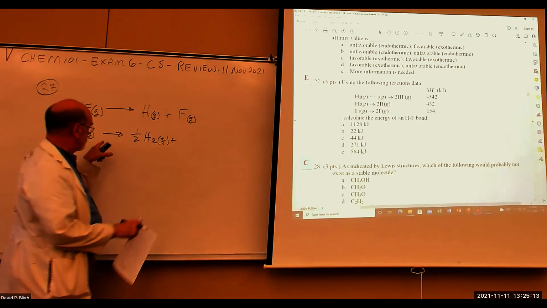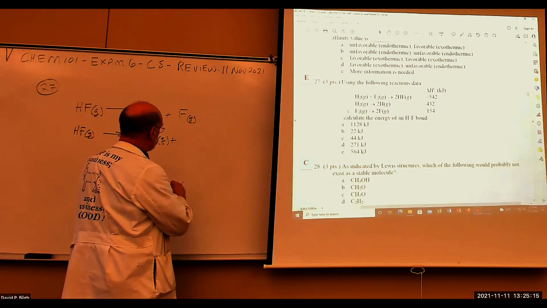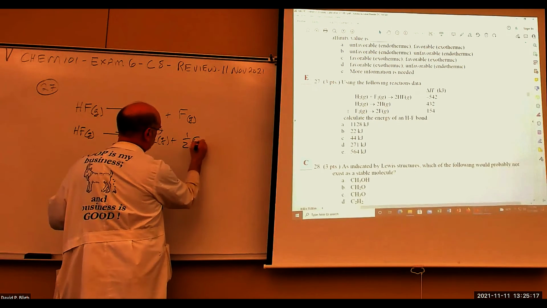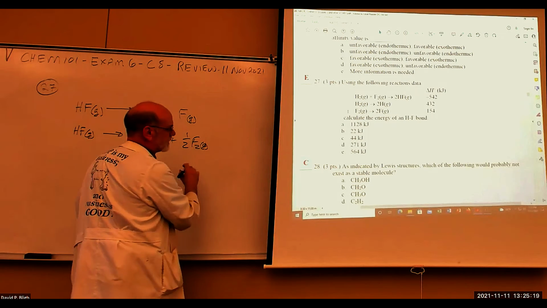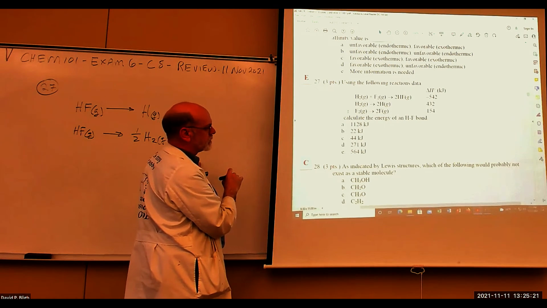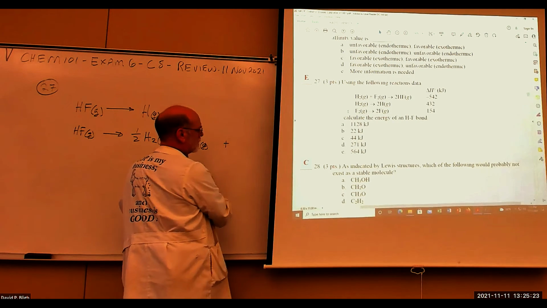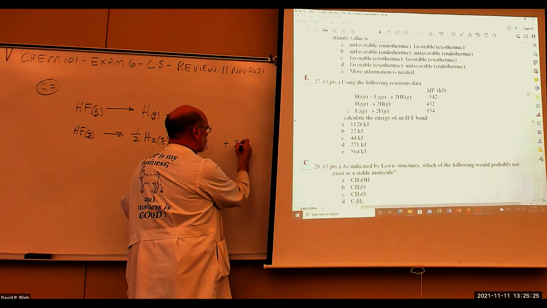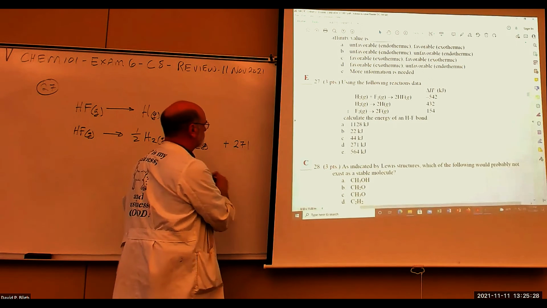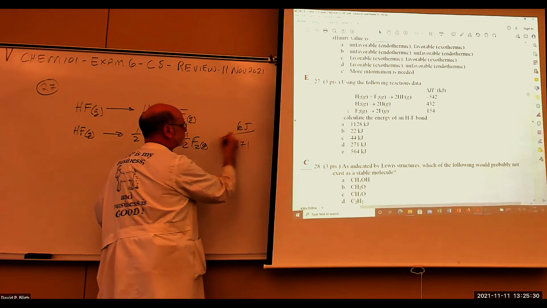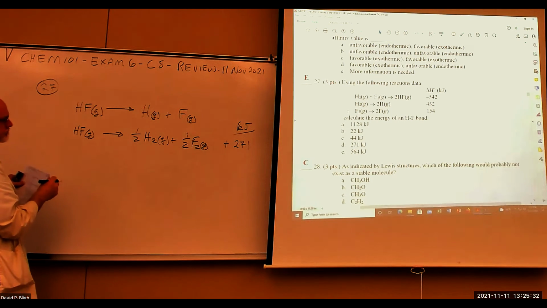You need to keep the phase designators in here. And this energy is going to be half of 542, only it's positive. So that's 271, is it? Kilojoules? If I did that right.